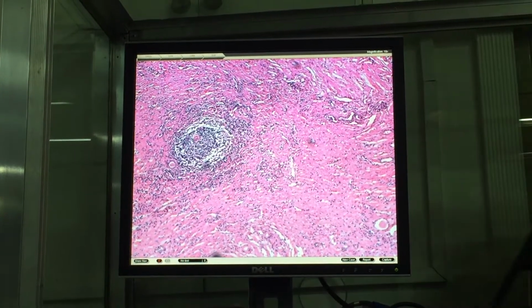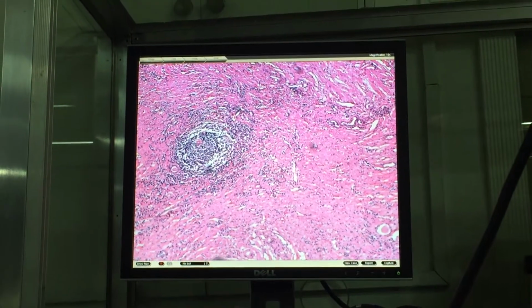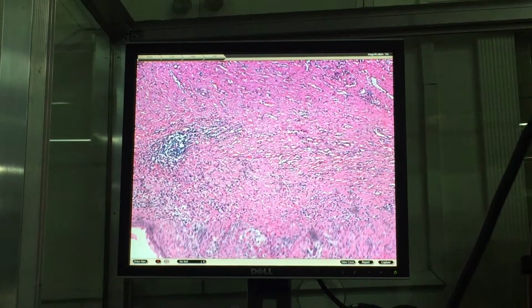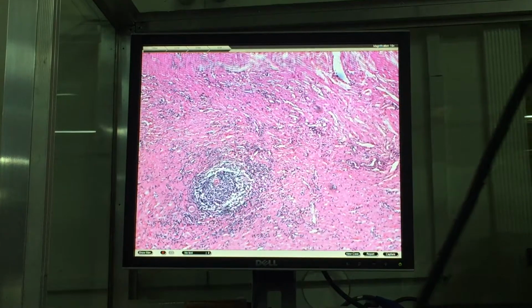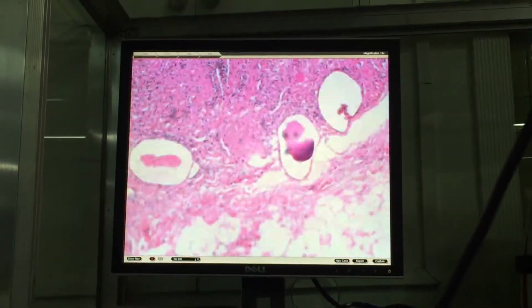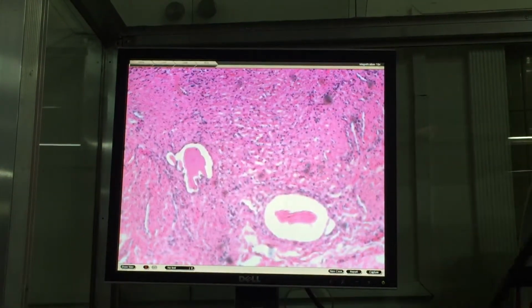And of course, you will have scattered dense inflammatory infiltrates, sometimes forming nodule. Okay, thyroidization of your tubules is prominent. So this is your chronic pyelonephritis.